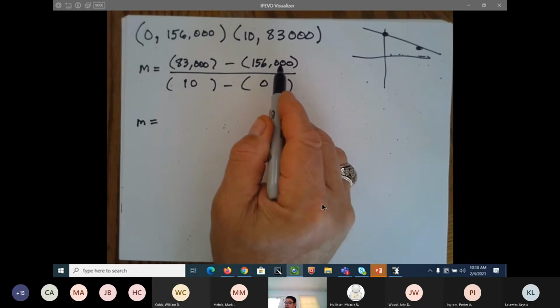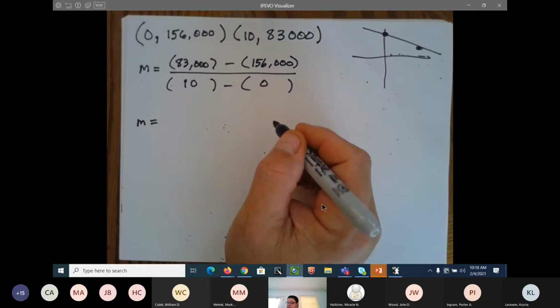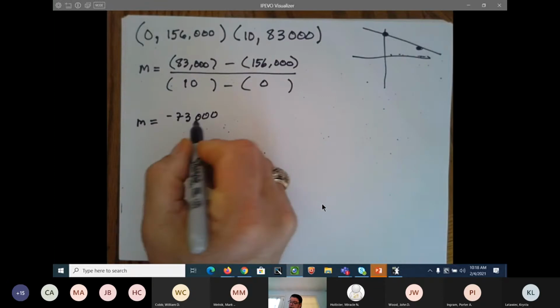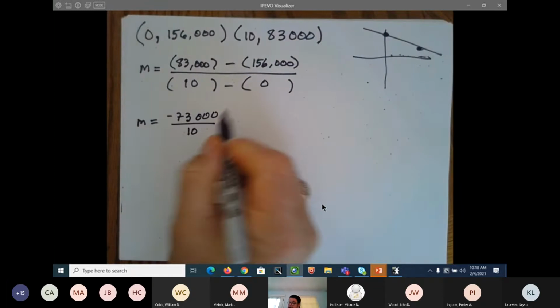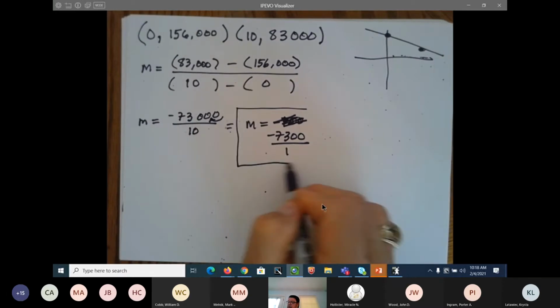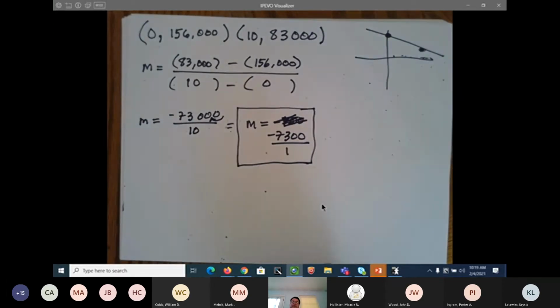Negative 73,000? Yeah, that's right. Negative 73,000. I'm going to show you a trick I learned in the war. When you divide by 10, you move the decimal one place. So I got an m of negative 7,300. So somebody tell me what that means. That means for every year, that tractor is going to depreciate $7,300.